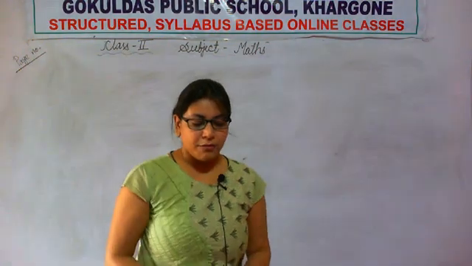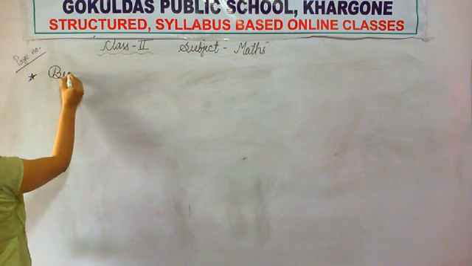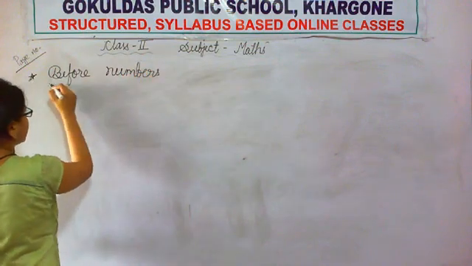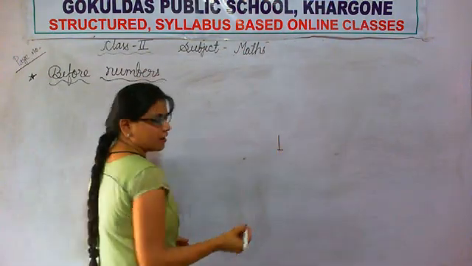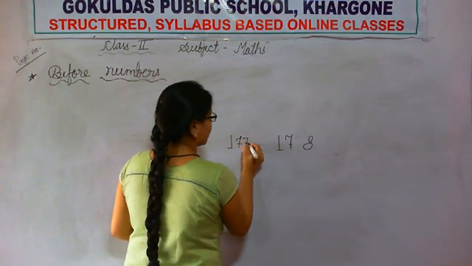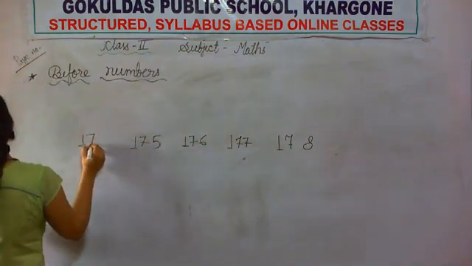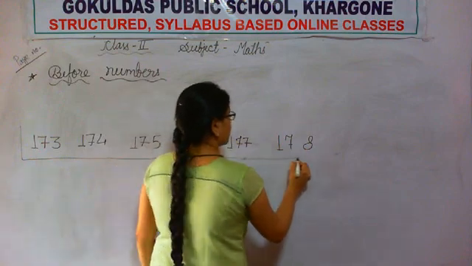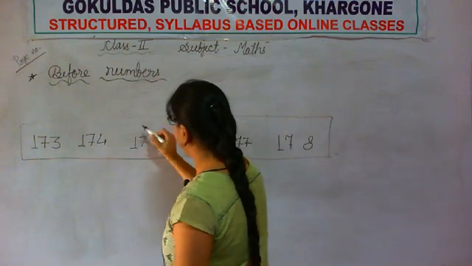Now, before, after and between numbers. What are they? Suppose I have taken a number 178.